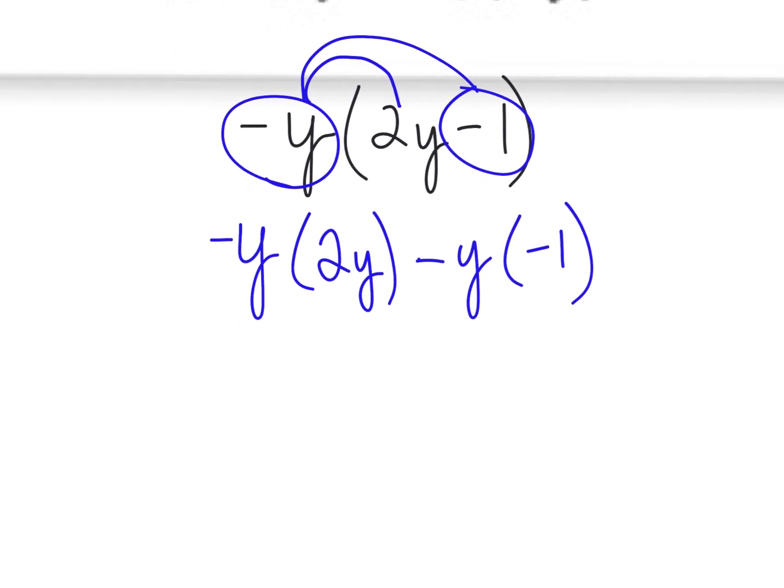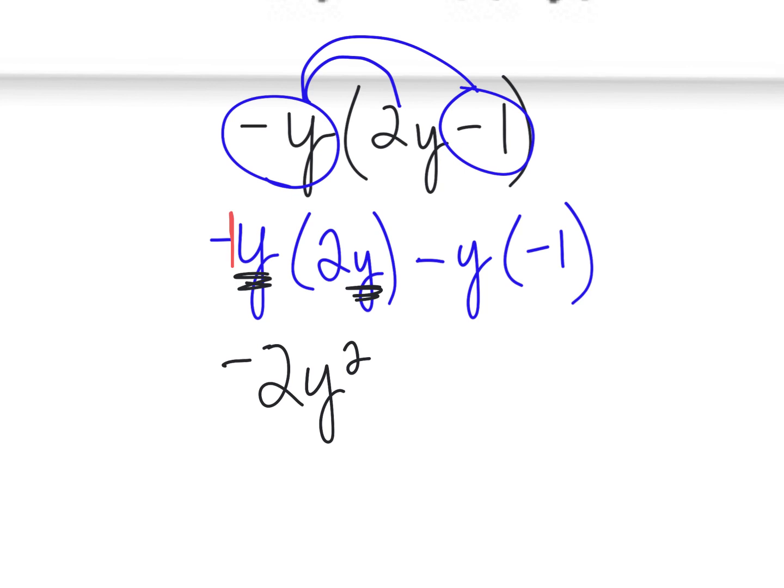Okay, so here you can put a 1 in front. -1 times 2 is -2. And then here's the part that gets people sometimes is we're multiplying these. So y times y, we take something times itself, it's being squared. So that would be -2y squared.